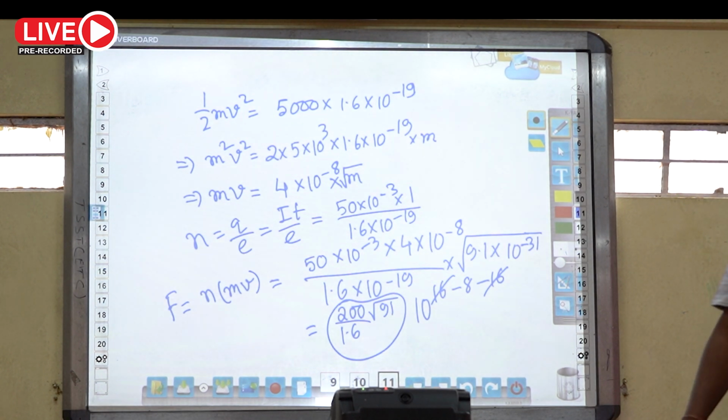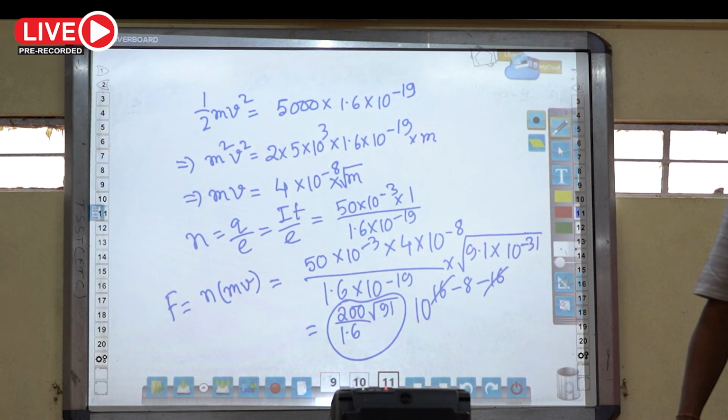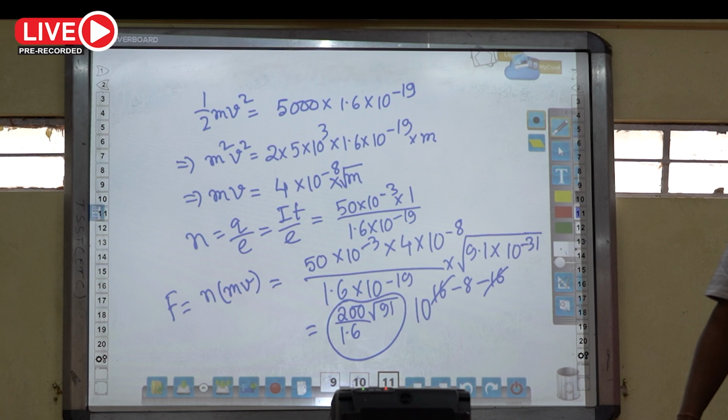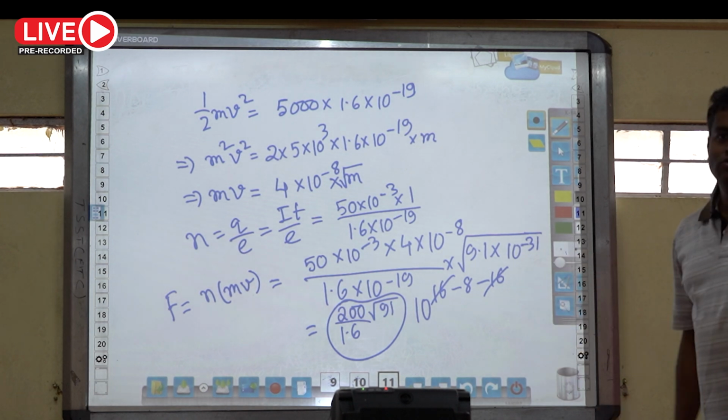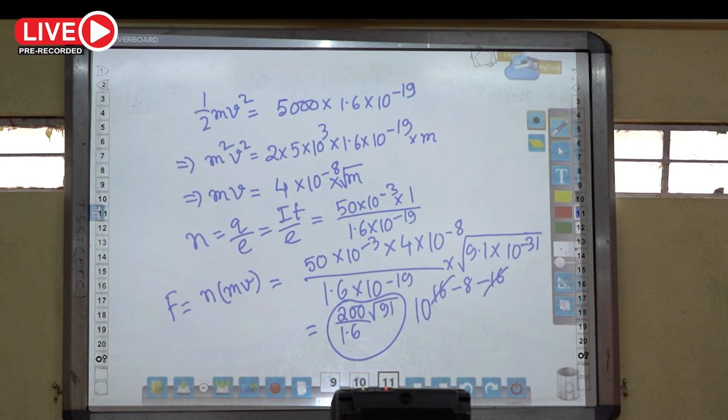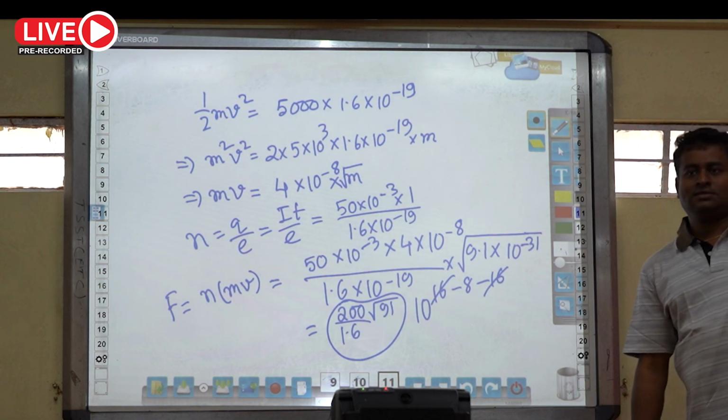Calculate 1.19. Apart from this multiplier, just calculate this part: 200 into root 91 by 1.6. Only this part.